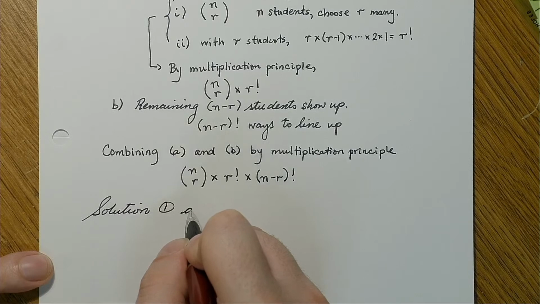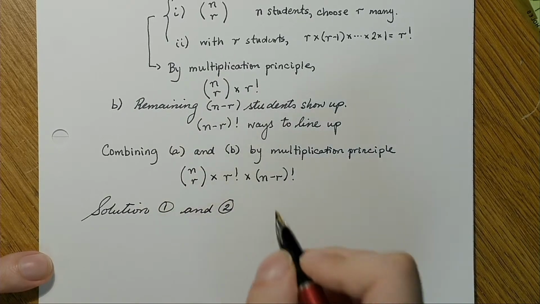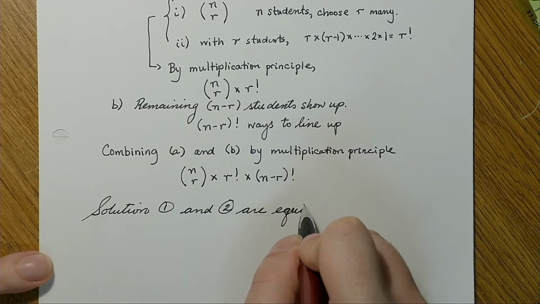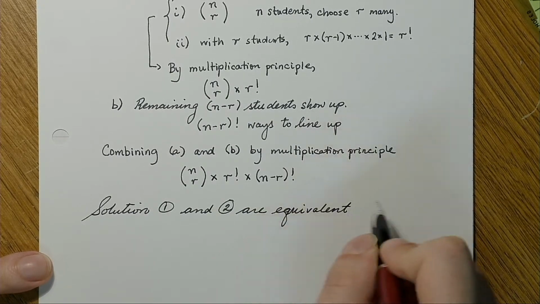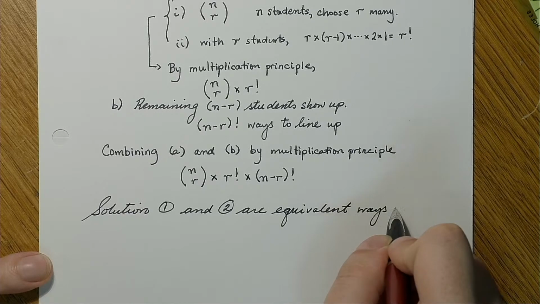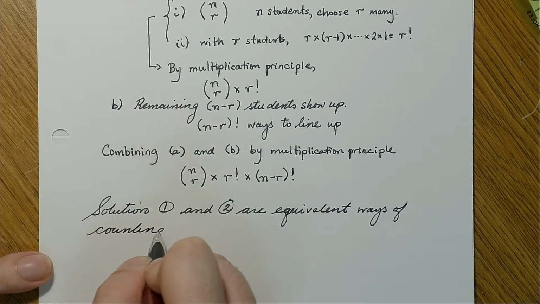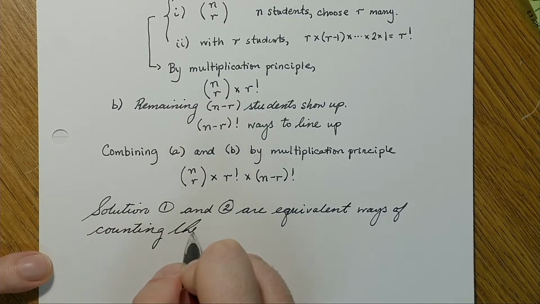Solution 1 and 2 are equivalent ways of counting the same objects.